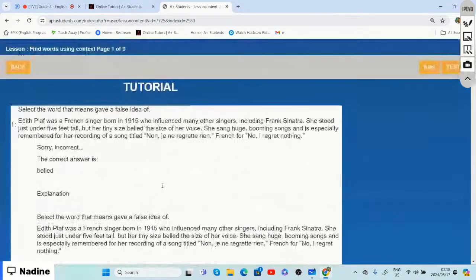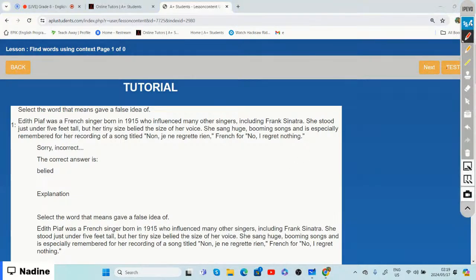And if we need to give a word that means false idea of, then we would go with belied, because it says she stood just under 5 foot tall, but her tiny size belied the size of her voice.